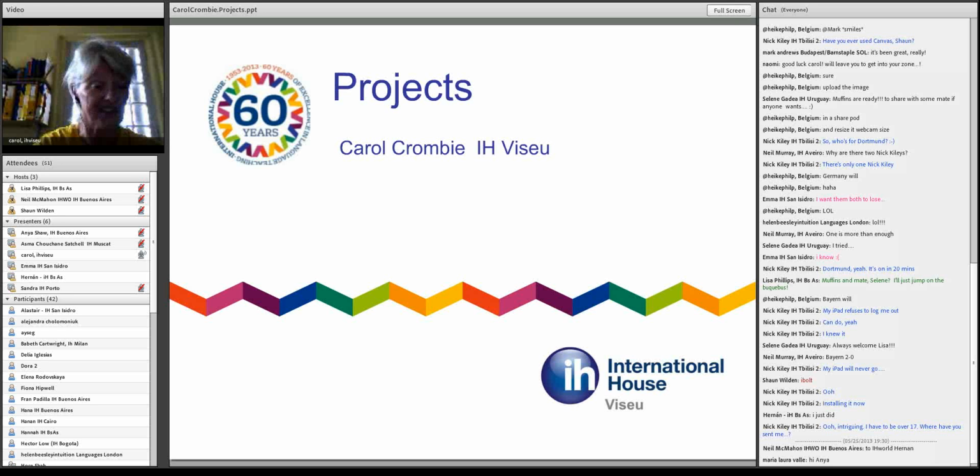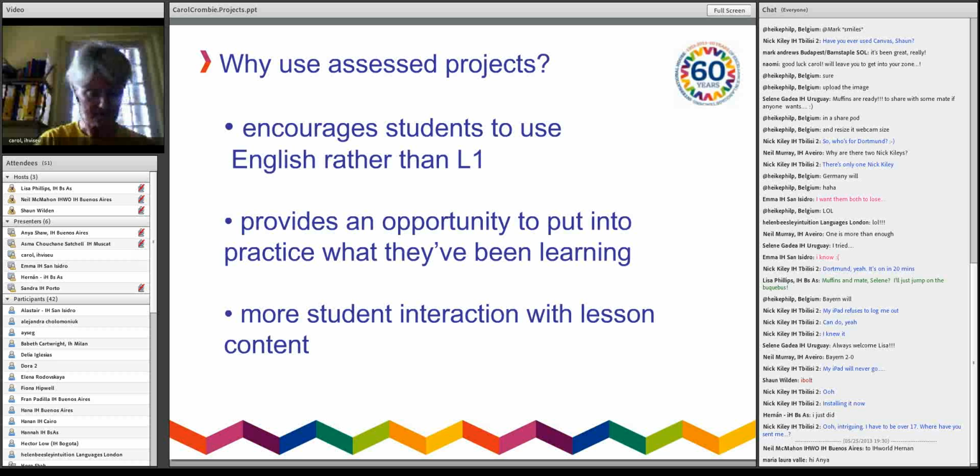So, projects. We introduced assessed projects when we started doing continuous assessment a few years back here at IHBZale. And why we did this was for various reasons. Projects are always lovely, but one thing that always gets to me is that all that collaborative sharing of ideas and preparing with monolingual groups, particularly younger learners and teens, the majority of it is happening in L1.